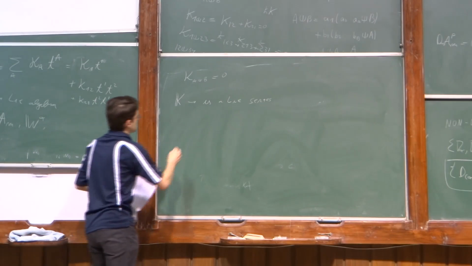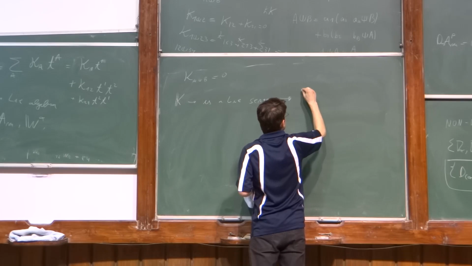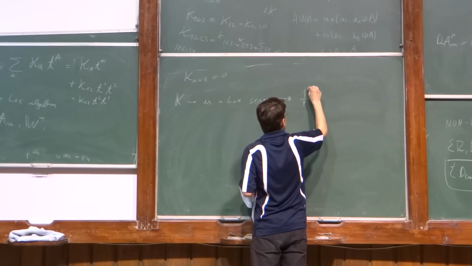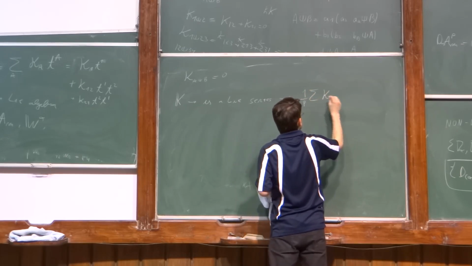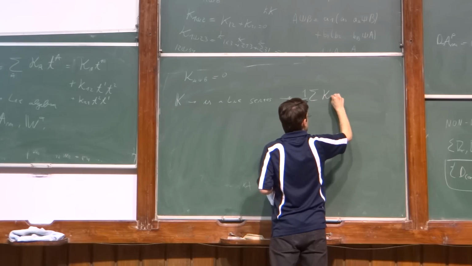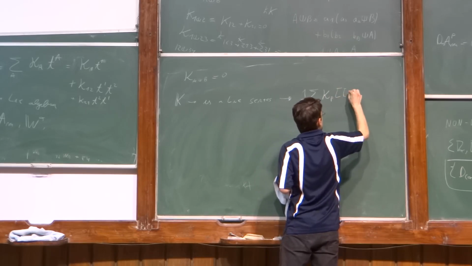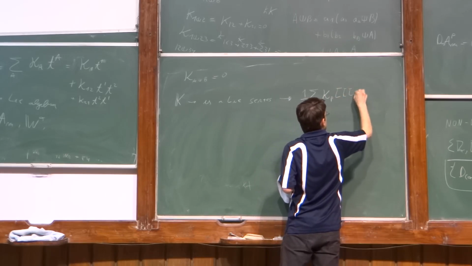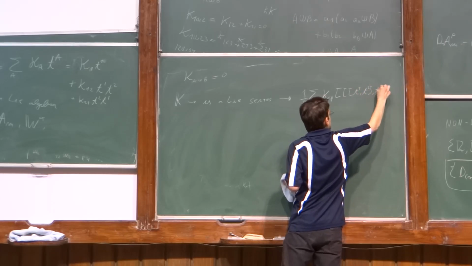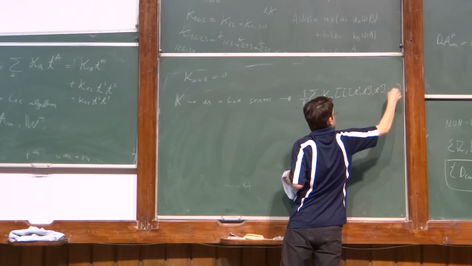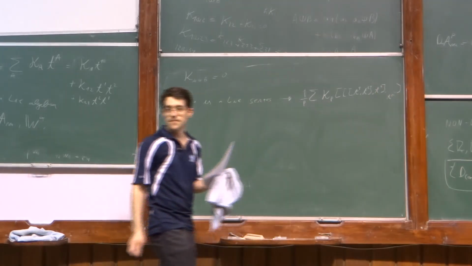So it's a Lie series, and for example, it can be written as 1 over P and then K. Okay, so this notation here is a bit too compact, but this can be written in terms of structure constants.